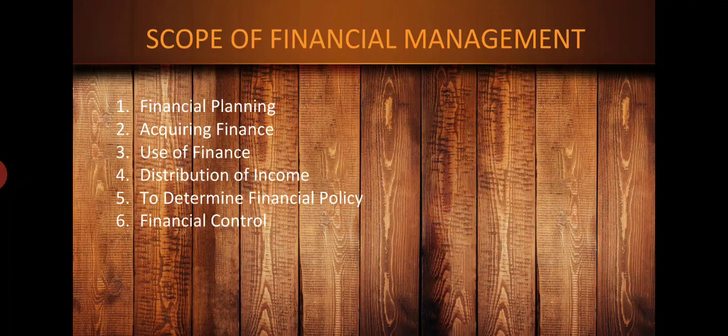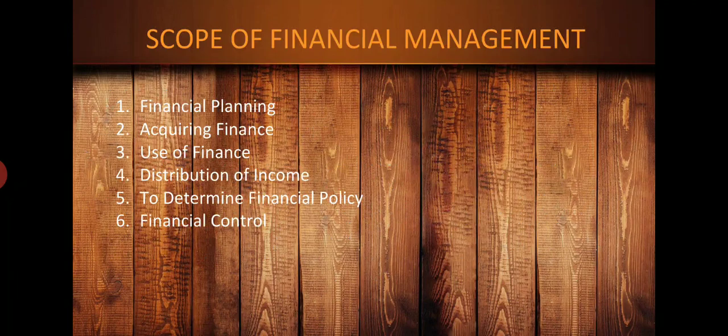The third, or last, decision that the financial manager takes is about the distribution of profit. As we know, profit is divided into two major parts. The first is retained earnings, and the second is dividend distribution.